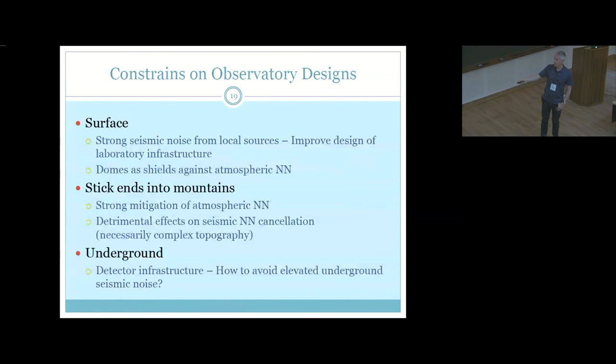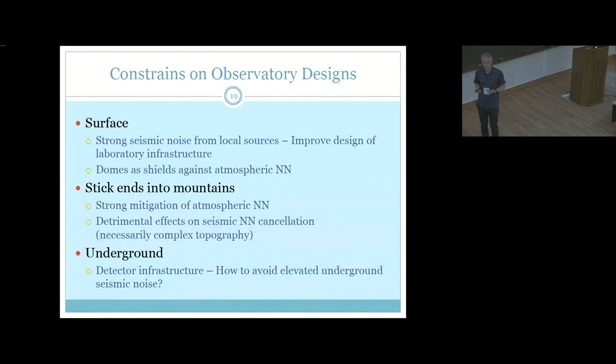Underground, once you make a decision to go underground, the main question is really how does infrastructure elevate underground seismic noise? Because many people say, okay, underground seismicity is very low, so we build our detector underground, but you have to be very careful, because the LIGO sites produce most of the seismic noise at the LIGO site, so is the Einstein telescope producing the same level of seismic noise underground?